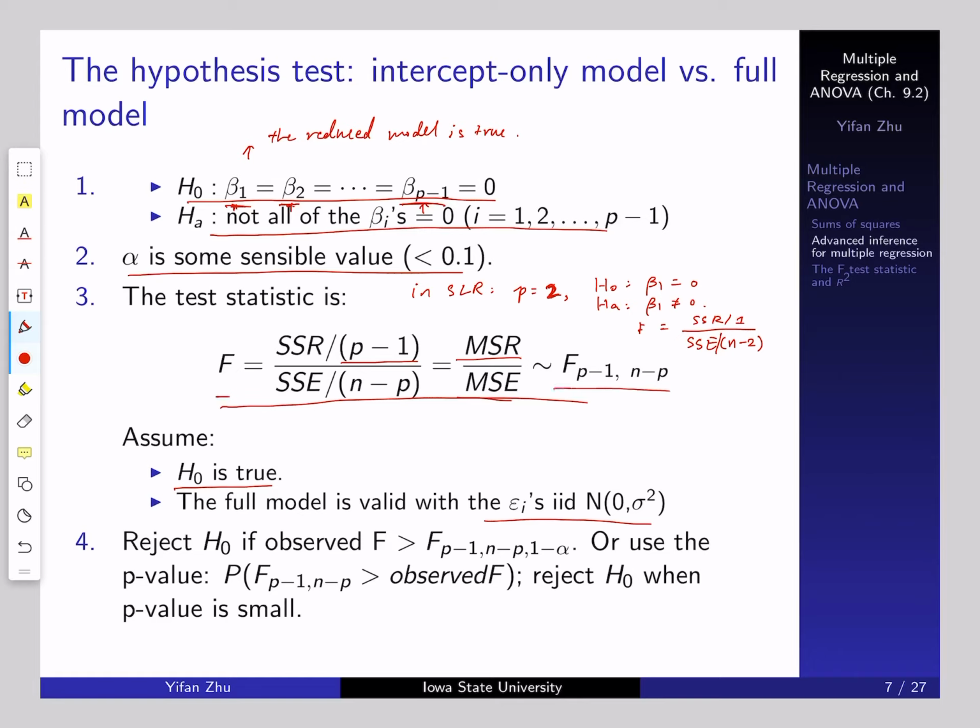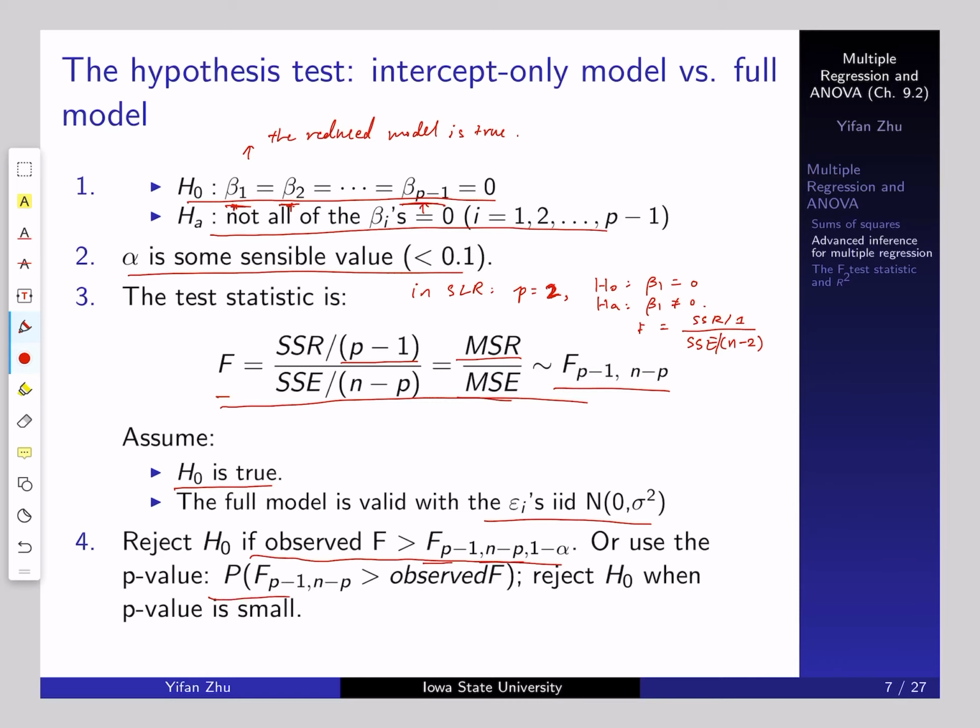And to reject H naught, we will do this. If the observed F statistic is greater than the 1 minus alpha quantile of the F distribution with p minus 1 and n minus p degrees of freedom, then we reject the null hypothesis.